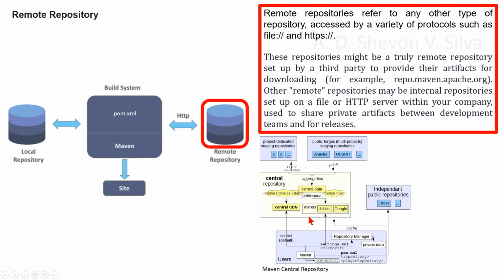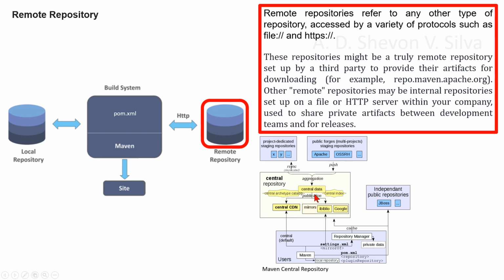In the central repository, aggregation is passed to central data, and central data is connected to the central CDN and mirrors.